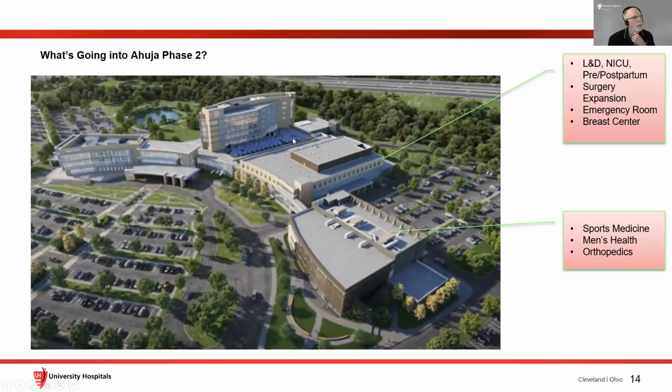In the main building, by the way, we're going to be upgrading some things with our central sterile processing and materials management, as well as implementing some additional Harrington Heart and Vascular Institute cardiology services that are going to be added in there as well. So that's what's going in there.